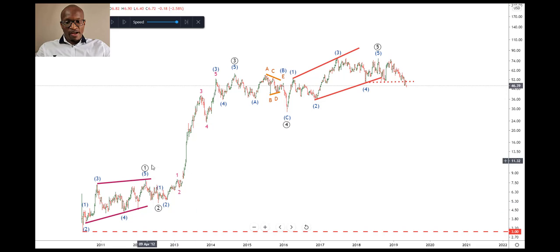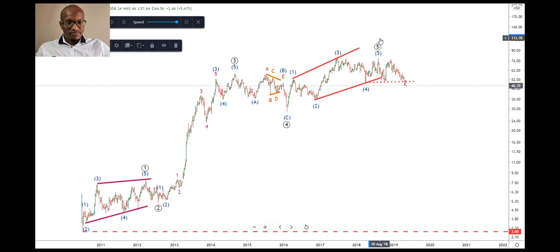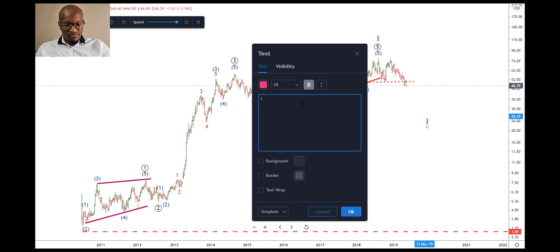So we've got wave 1, wave 2, wave 3, wave 4, wave 5, that's circled in black, and then this gives us a higher degree wave 1. And now we know we are pulling back for wave 2.